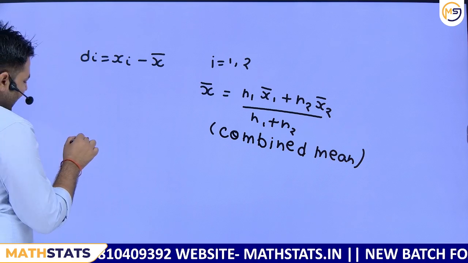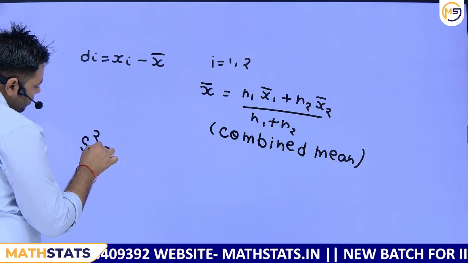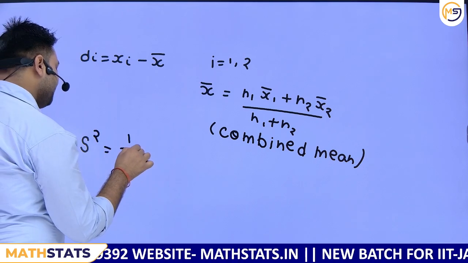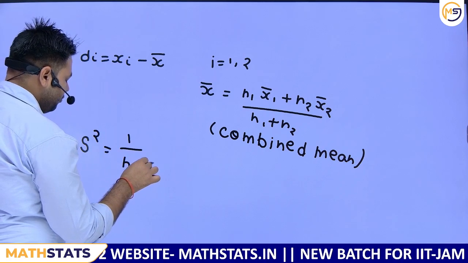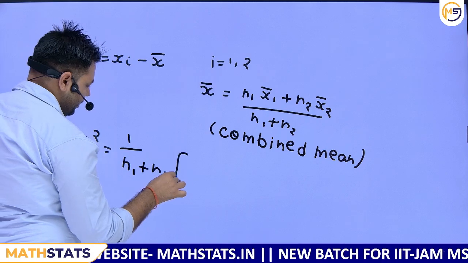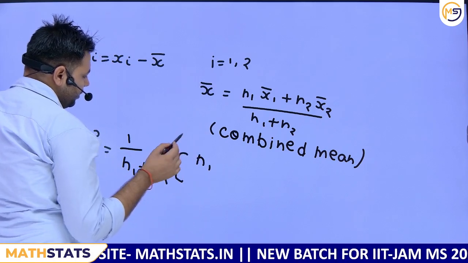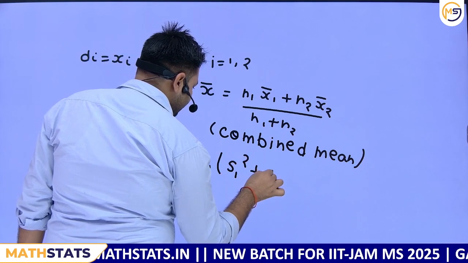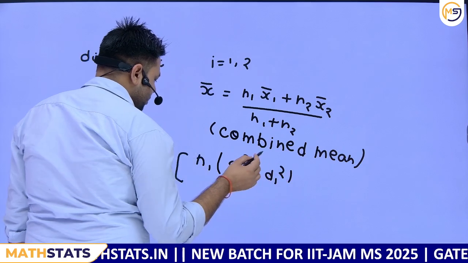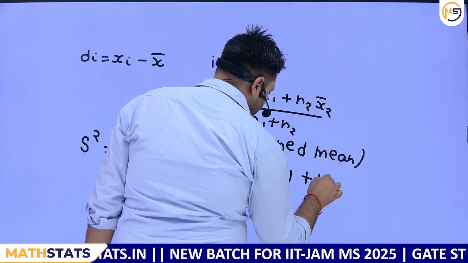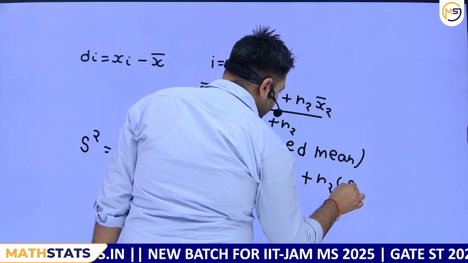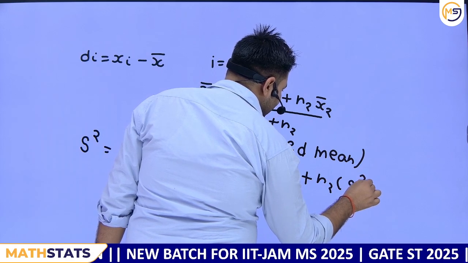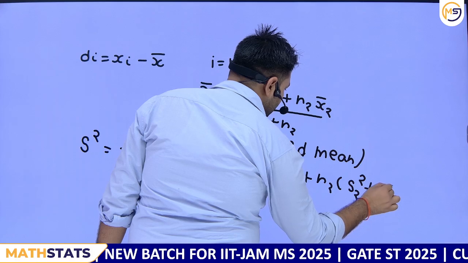So this formula s square is also written as 1 upon n1 plus n2, then n1 times s1 square plus d1 square, plus n2 times s2 square plus d2 square.